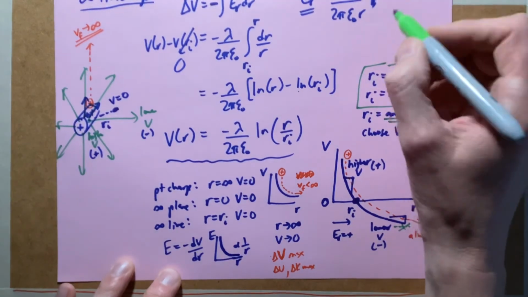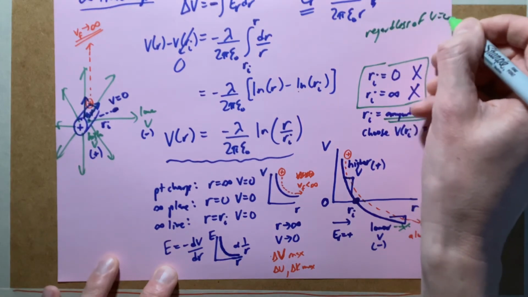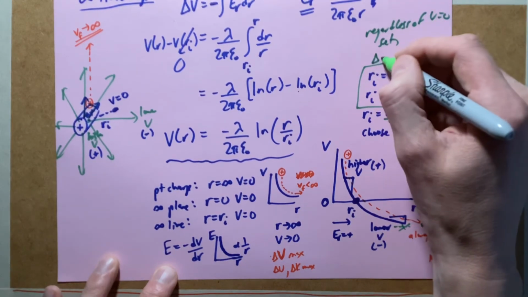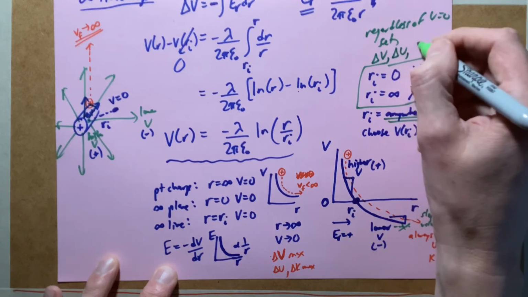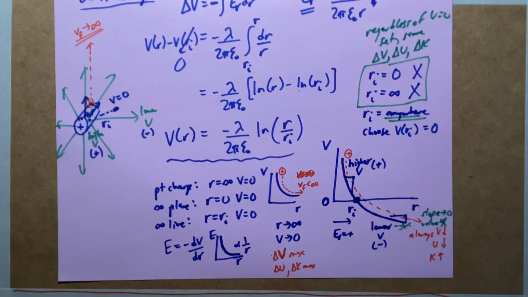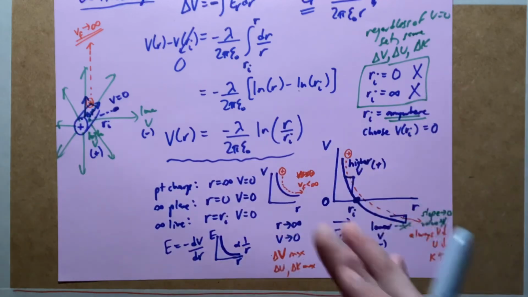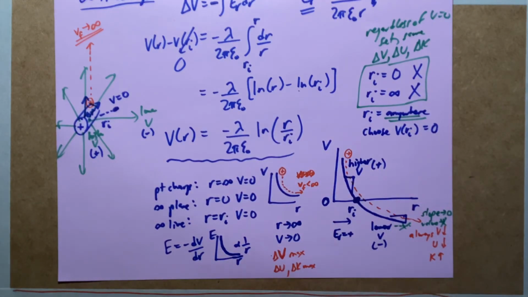Regardless of where V equals 0 is set, you'll get the same delta V's, delta U's, and delta K's. These constants get killed anyway when you take the derivative to get the forces or the electric field, so they're arbitrary scaling factors that aren't real measurable things.